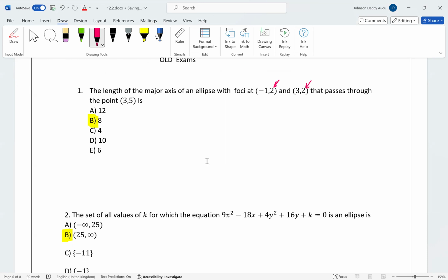It means that K is fixed. Since K is fixed, something is happening along the major axis, so you can see that this is going to be a horizontal ellipse.